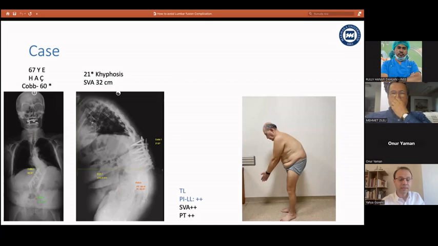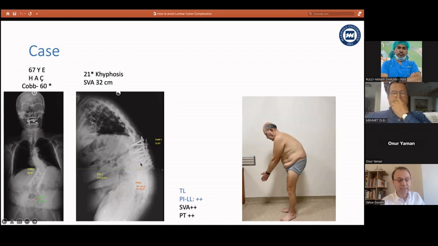Another and last case is this patient who again has instrumentation, but there are some wrong things, because this is not a rod, this is a plate rod, and these devices can't make enough lordosis in here.